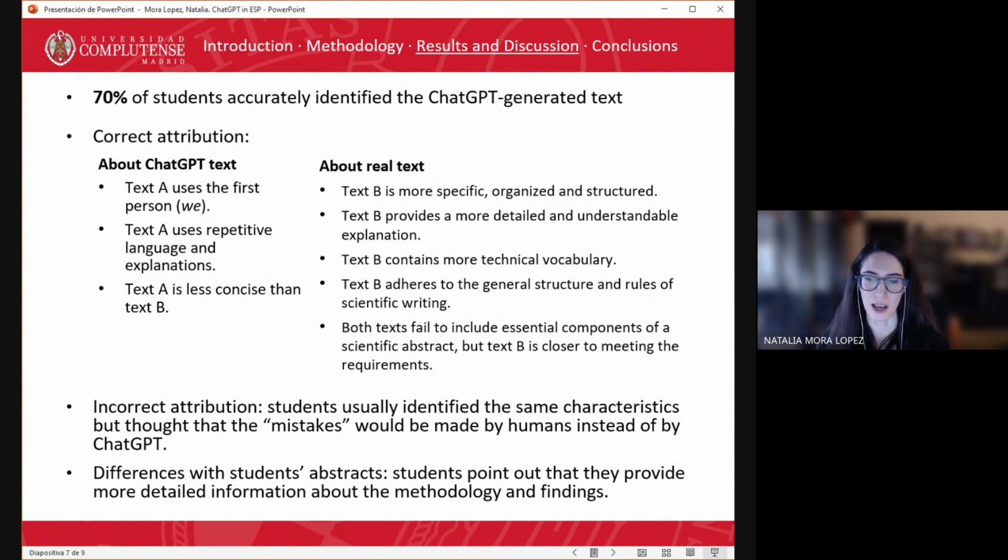And they pointed out that students provide more detailed information about the methodology and the findings. On the other hand, they said as well that obviously ChatGPT doesn't make any grammar or spelling mistakes, and students sometimes do, because they are students of English, they are learning English. So that's very, very interesting.